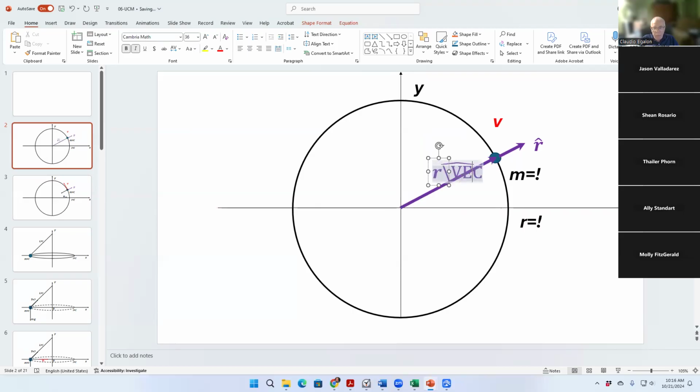Let's see if I can get that. Okay, good, I got it. Yeah, r vector. That's one vector that we can put here. And I'm going to erase this guy too.